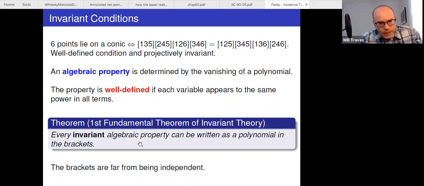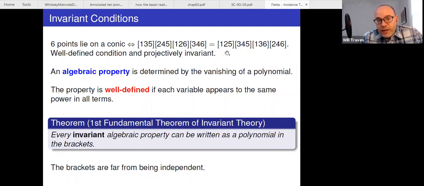Essentially, if you've got a property of your geometry that doesn't depend on your choice of coordinates, for instance, 3 points lying on a line doesn't depend on your choice of basis, or 6 points lying on a conic doesn't, again, depend on your choice of basis for the ambient space, then that property can be characterized by an equation kind of like this one, right? A bracket equation. And so that's pretty cool, that these bracket equations can describe all these invariant properties.